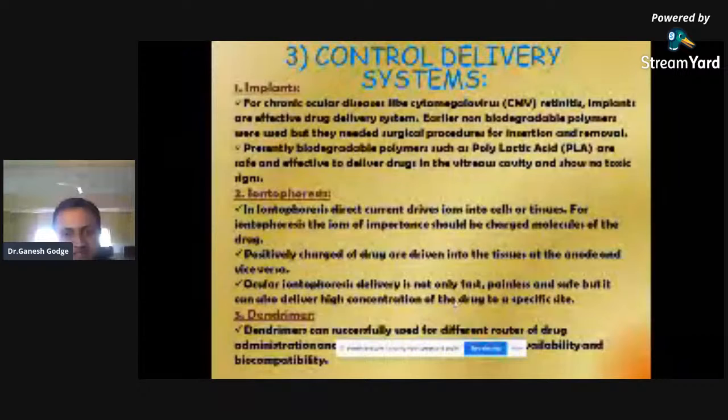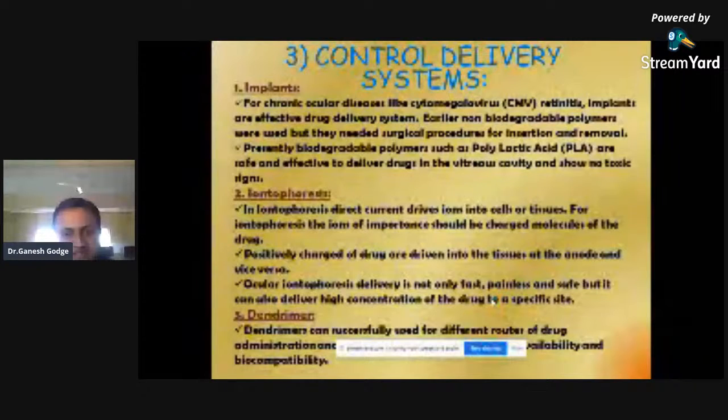After implants, the second type of novel ocular preparation we have discussed is iontophoresis. Direct current drives ions into the cell tissue, and due to this, fast onset of action, painless treatment, and a higher concentration of drug can be accumulated at the particular site, and due to which prolonged contact, thereby prolonged absorption is quite possible with this ocular preparation.